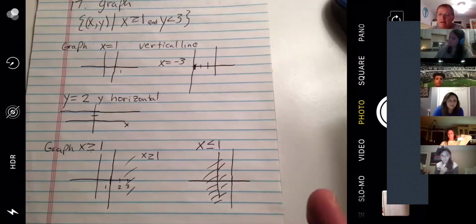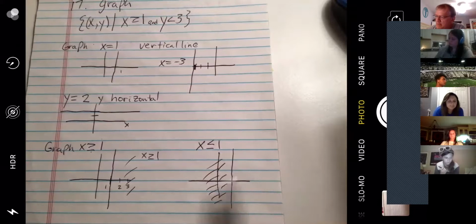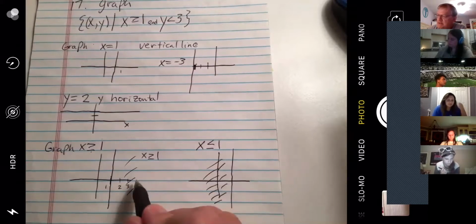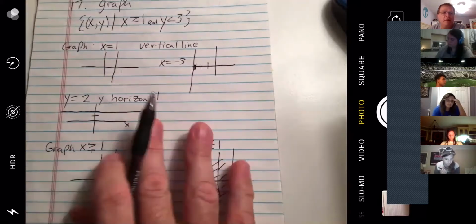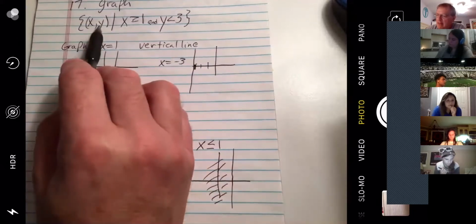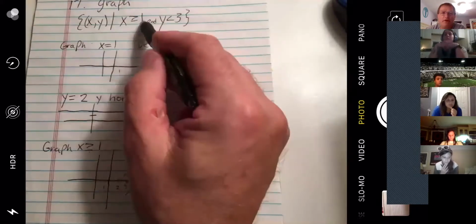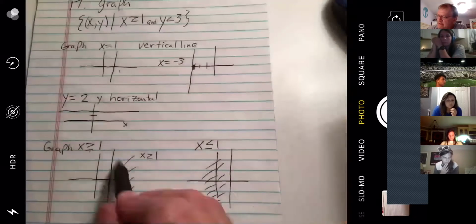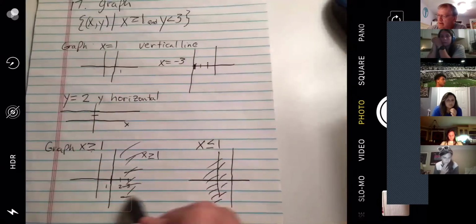What do you mean by shading? Well, that's what I'm trying to do with this crosshatch. See, if you go back up to the original, they're asking for a set of x, y points, and their x's are greater than or equal to 1. I'm just trying to break this down into pieces. So if I just want all the x, y points where the x's are greater than or equal to 1, then they are on the right side of the x equals 1 line.